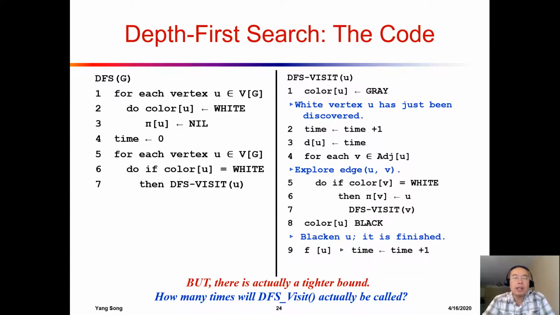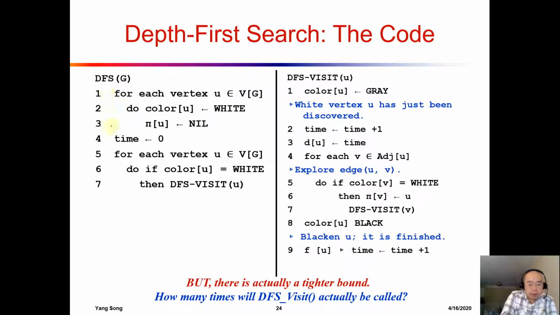And then how about the edges? For each of the edges, there are two vertices, u and v, for example. For the u, we may visit that edge, and then from the v, we may visit that again. This means, if it is an undirected graph, for each of the edges, we will visit that twice and twice only, right?